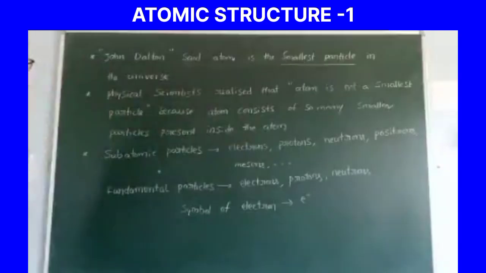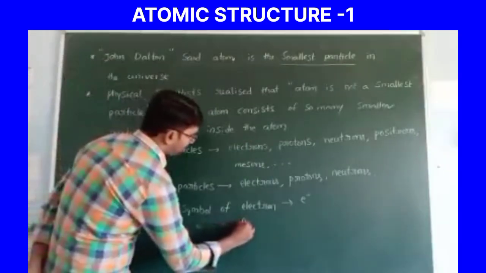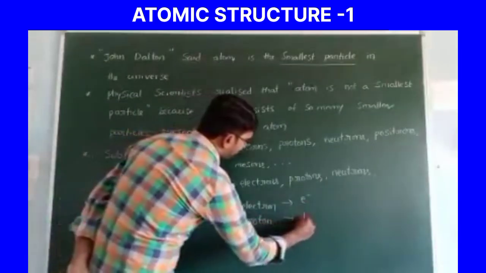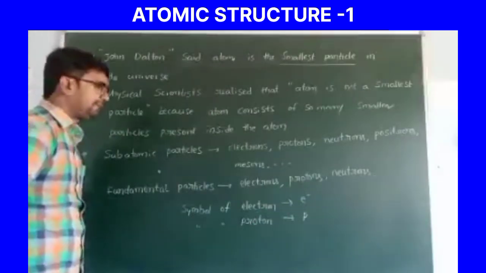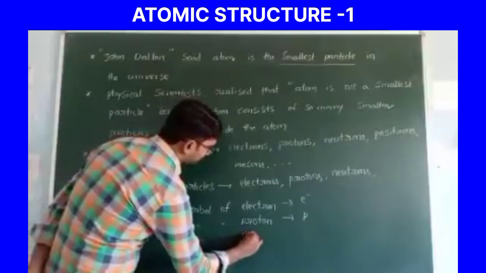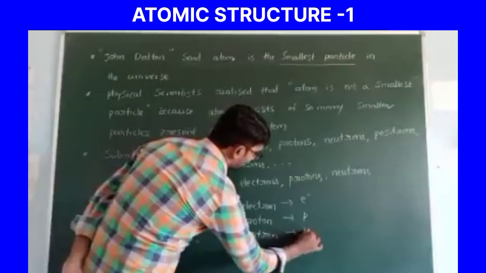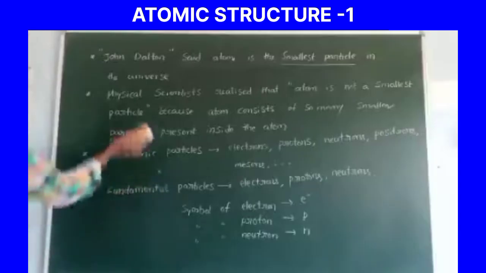The symbol of the proton is P, not P plus. Remember, all of you. The symbol of the neutron is N.